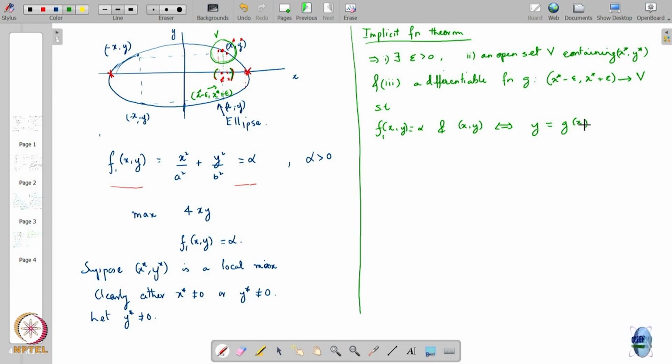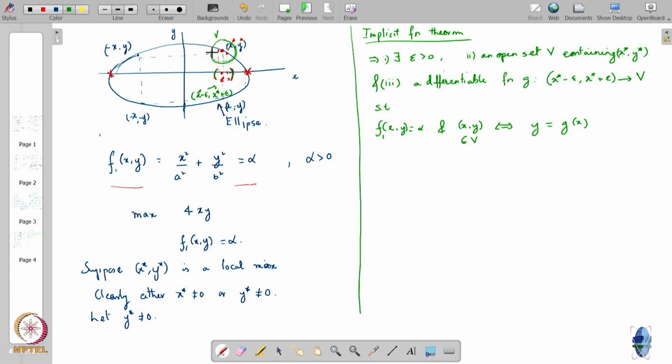So, y equals g of x if and only if it lies on the ellipse and x comma y belongs to V, the neighborhood being considered here, right.